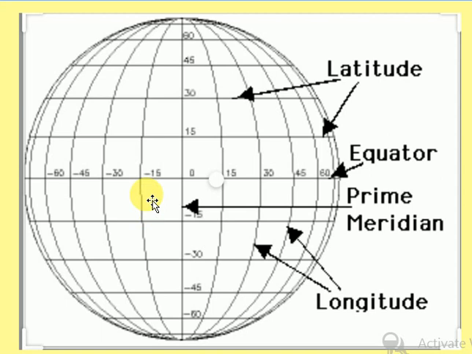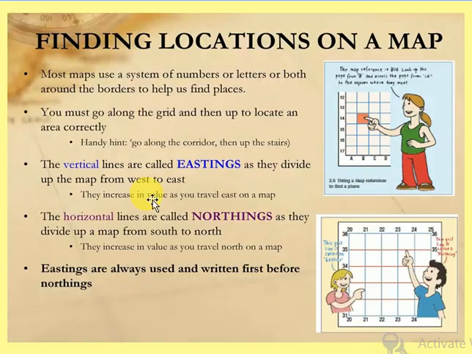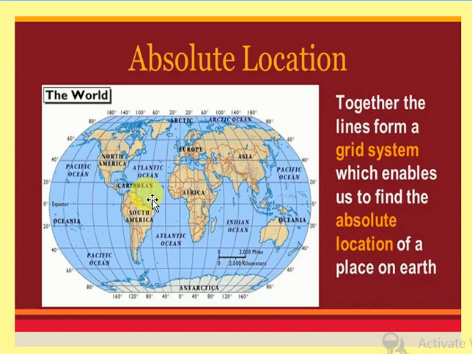Now, one more important thing you should know about is relative and absolute location. When we study how to find the exact location, you should know the difference between relative and absolute location of a particular place.